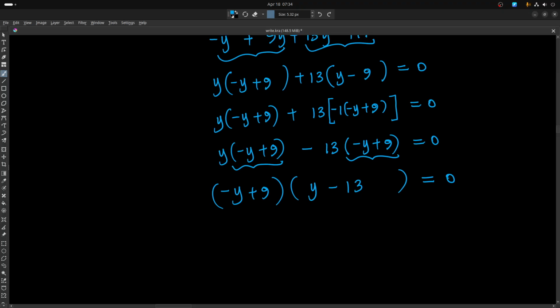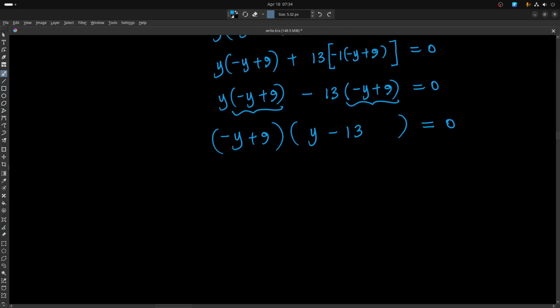So when I give you two factors which when multiplied give you 0, it means that either one of the factors is 0 or both of them are 0. So this means that either negative y plus 9 is equals to 0 or y minus 13 is equals to 0.